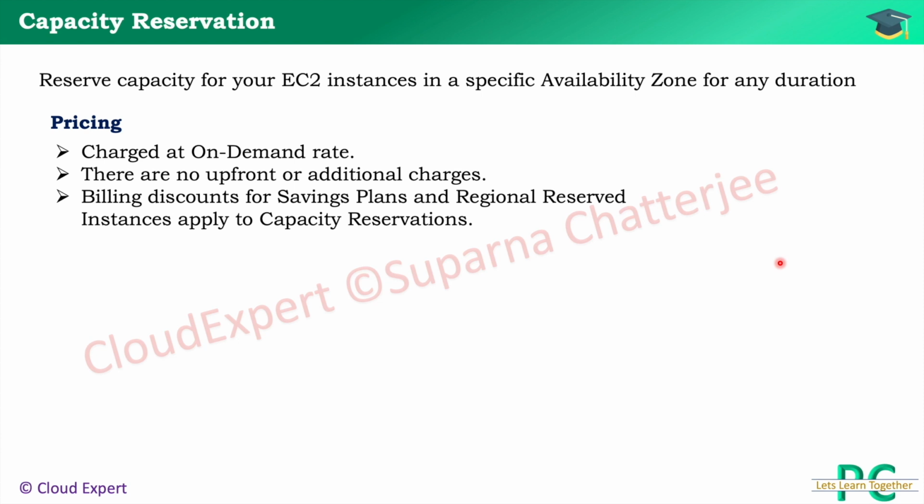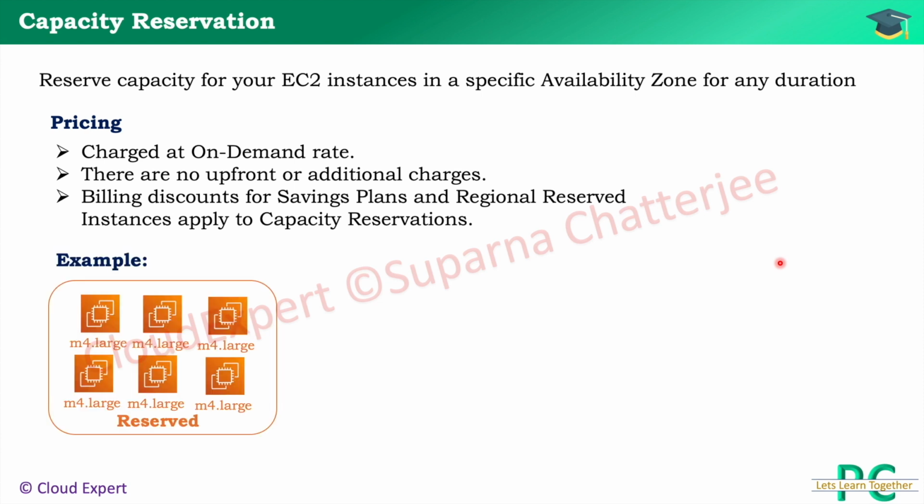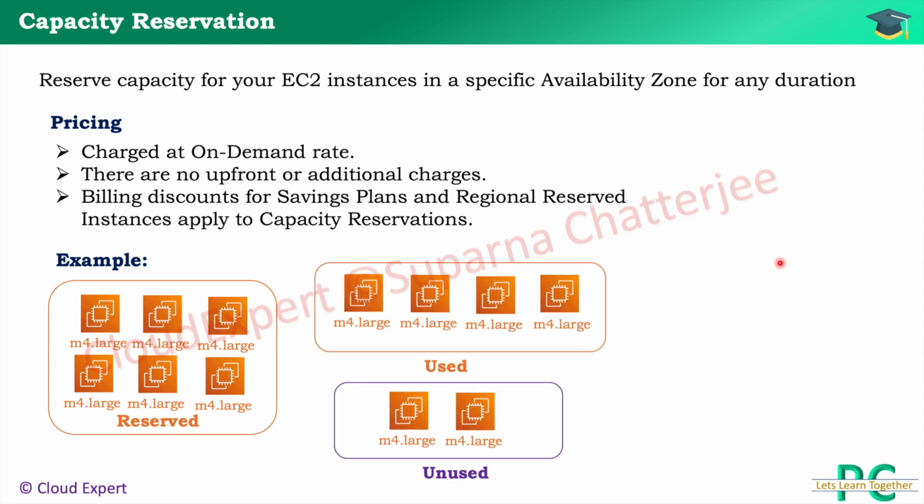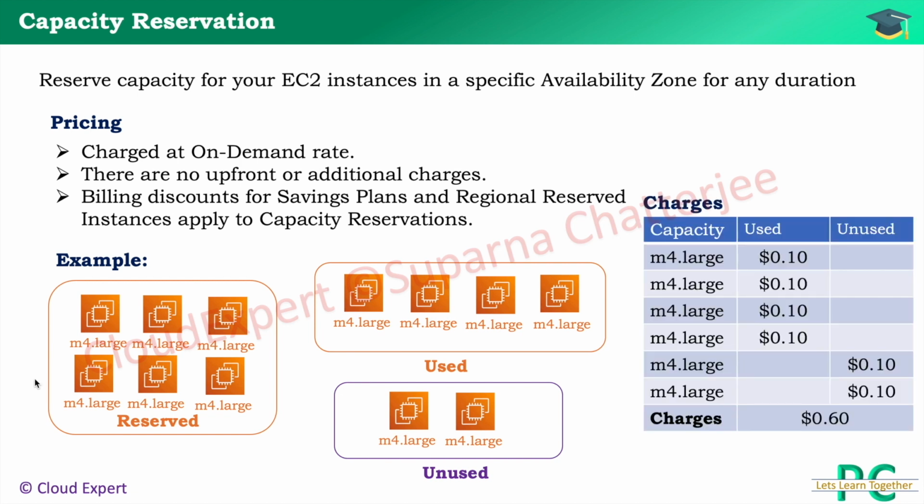If I take an example about the billing, let's say you have reserved 6 M4 large instances. You may have a workload where you are expecting that you need 6 M4 large instances. When the use case came, you may have used only 4 and 2 M4 large instances are unused. In terms of billing, you will be charged for all 6.